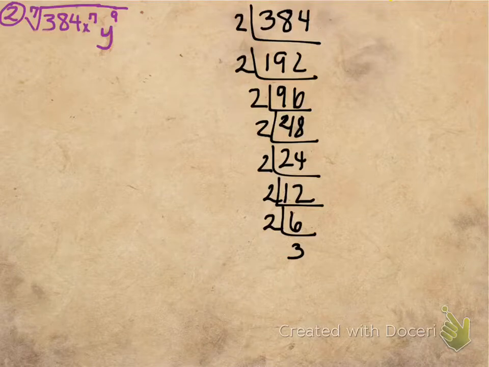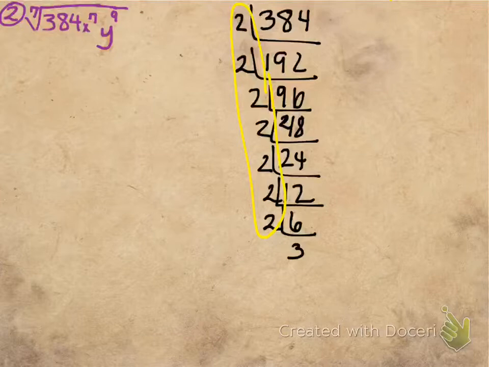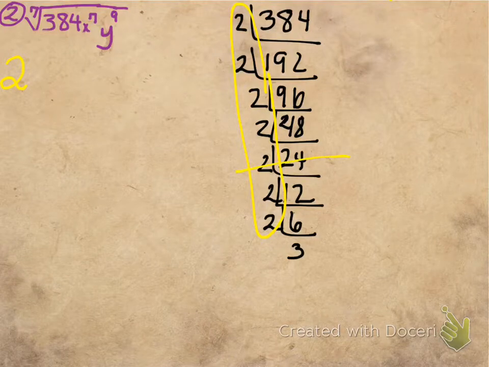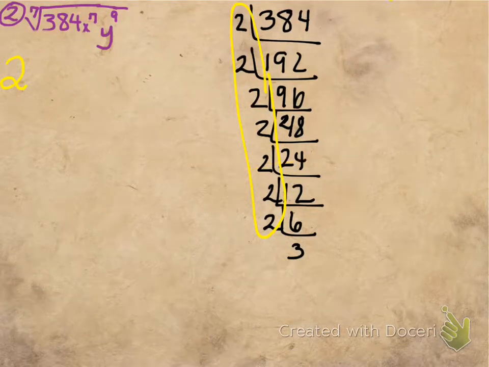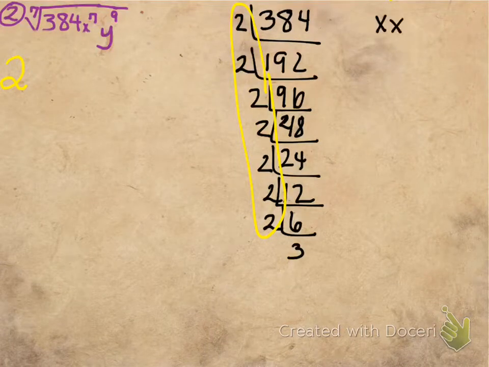And so do I have a set of 7 2s? Do I have any extras? A 3. A 3 is extra, but not any 2s. So a 2 can come out. Now let's look at our variables. And I have x to the 7th.